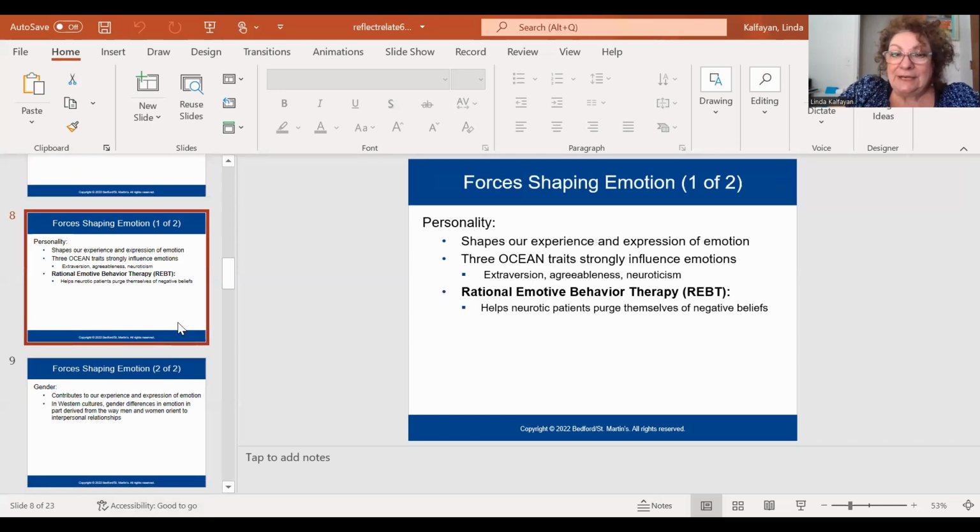Personality shapes our experience and expression of emotion. We learned in the past chapter about OCEAN, and your personality traits of extroversion, agreeableness, neuroticism, and openness as part of your personality. We have this theory called rational emotive behavior theory.